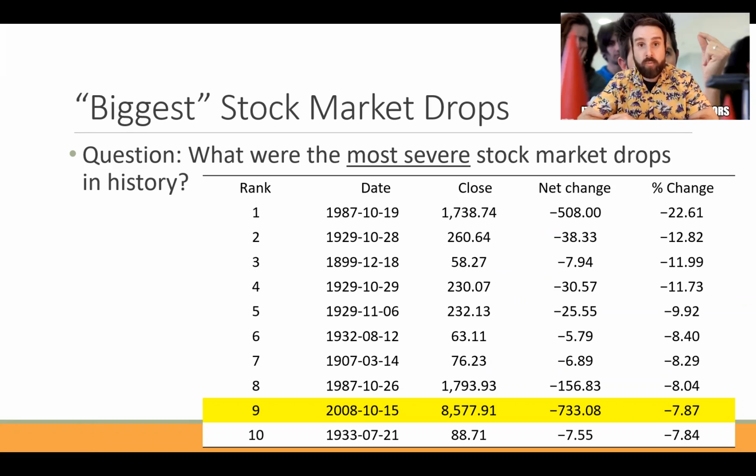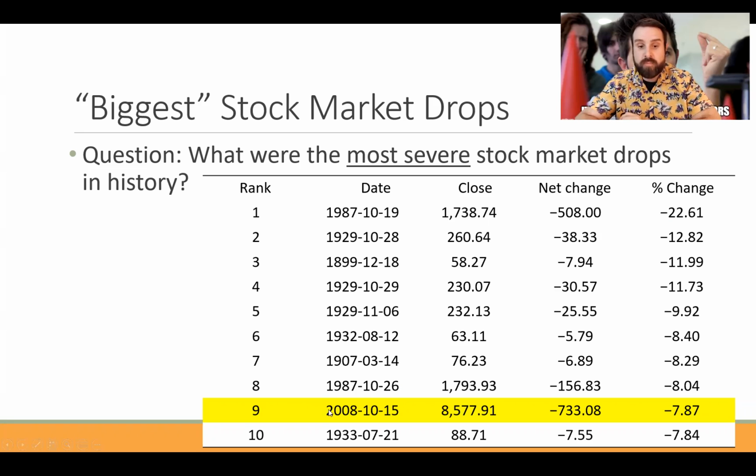All right, so a better way to look at the biggest stock market drops in history would be maybe not to just ask about the biggest, but to ask about the most severe, percentage-wise, right? So we're accounting for the denominator, that is the size of the Dow Jones Industrial Average at the time that we're looking at the drop. Now we see bigger issues in, say, 1987 and 1929, these times that we would have expected to see huge stock market drops because we know they were right around the time of depressions or recessions.